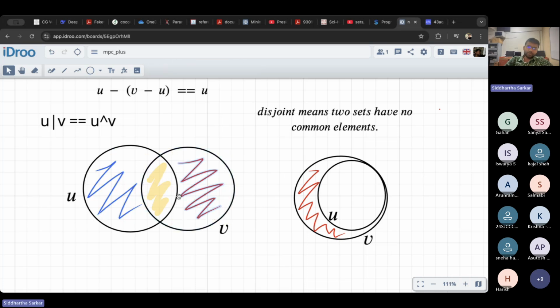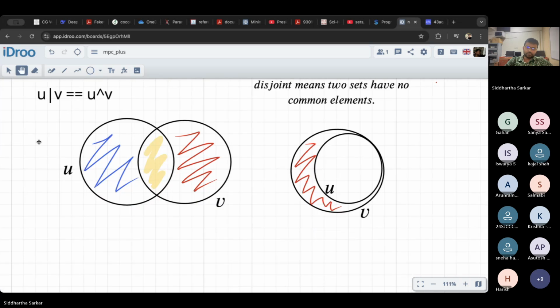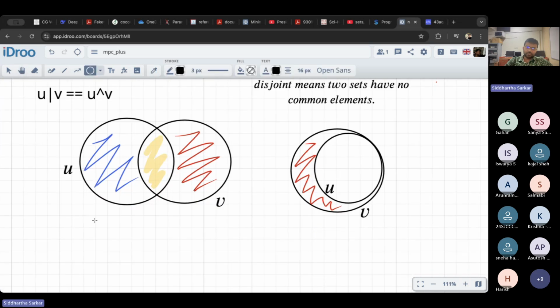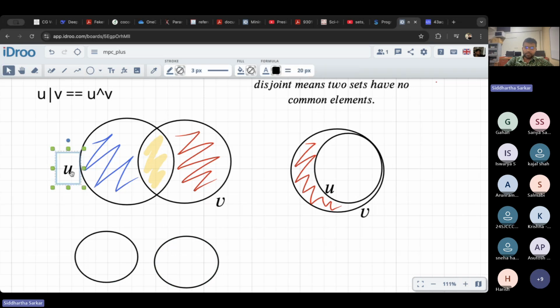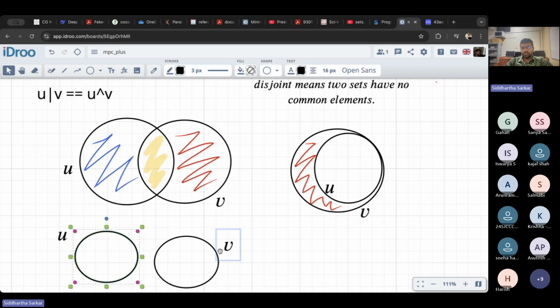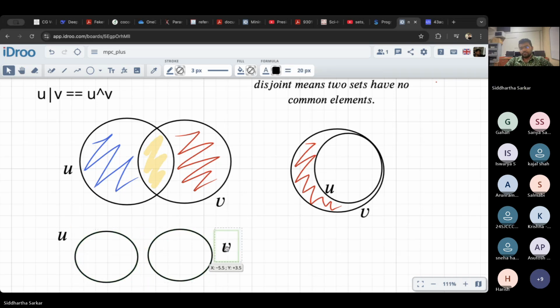So in other words, if we have two circles like this, which are disjoint, then U union V and the symmetric difference of U and V, that means U minus V, which is U itself, union V minus U, which is V itself, is the same. So the yellow part is not there.